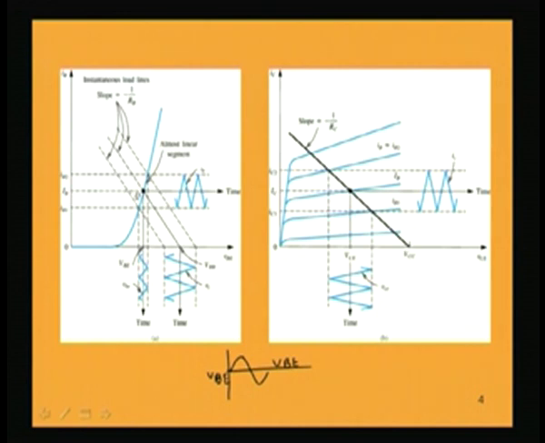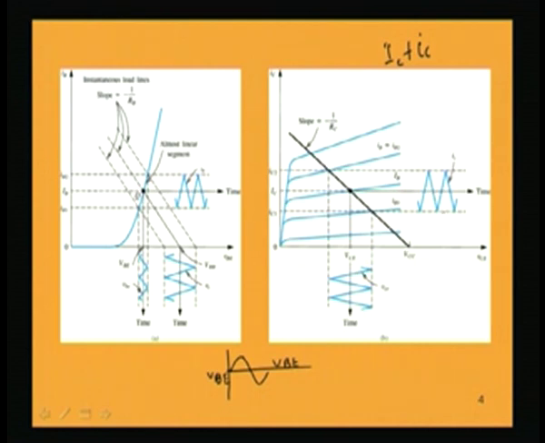Initially, when there is no signal, the DC value of the collector current is capital I capital C, at this point. Now the base voltage increases, VBE increases, base current increases, and correspondingly the collector current increases, because the AC current small i small c is added to capital I capital C, and small i small c is beta times small i small b. Similarly, when the base current decreases, the collector current decreases.